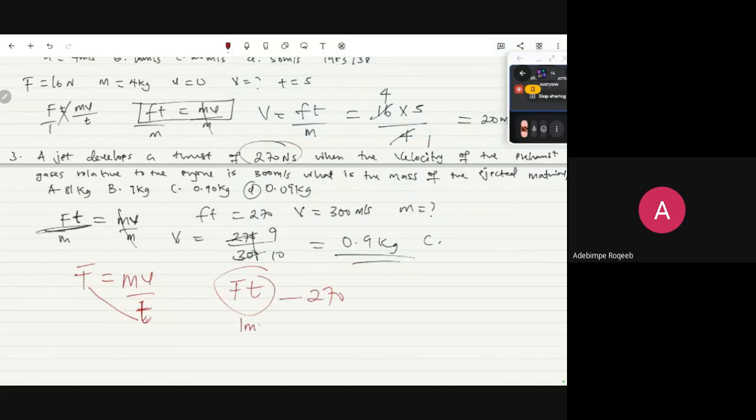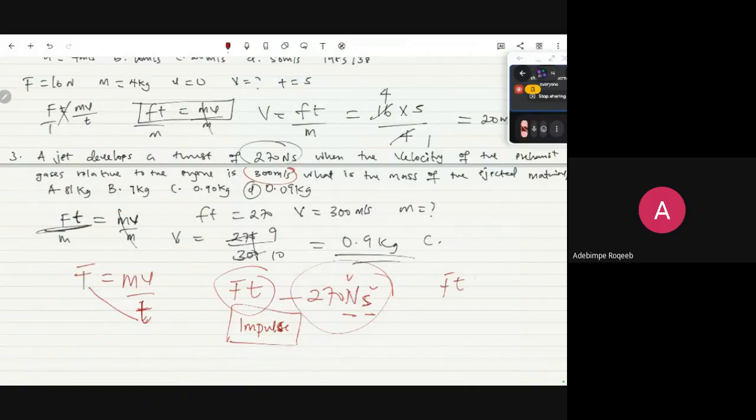It's your impulse. Impulse is force times time. So they're giving you your impulse at 270 Newton seconds. How do I know? I have Newton, I have seconds. In this value alone, it means that there's force inside it and there's time inside it. So my Ft is 270 and my v is 300 meters per second.